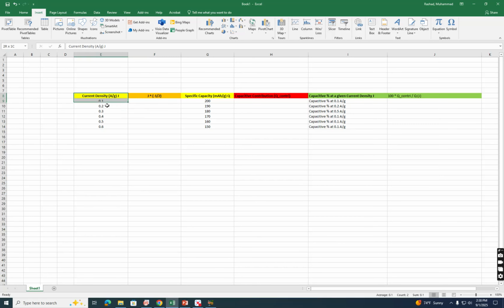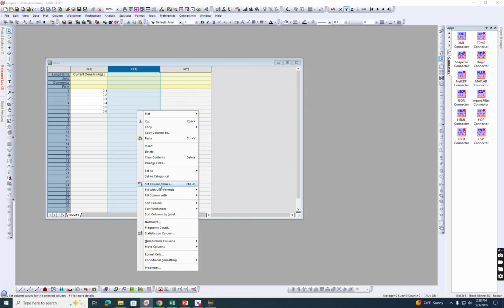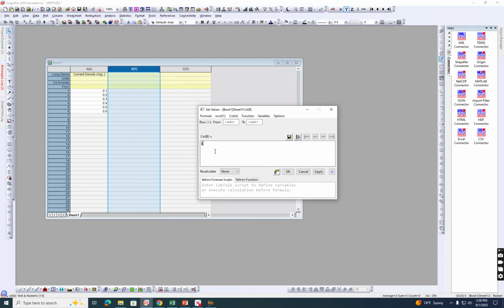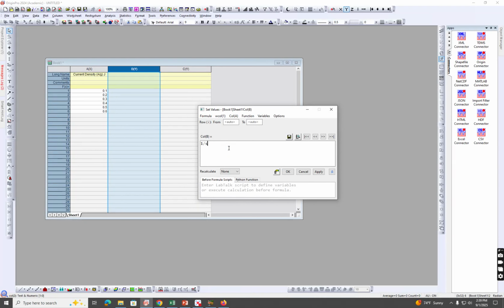So let's take this into Origin, because Origin is more functional. Okay, this is the current density. Now we will calculate the scale 1 over square root of which column?